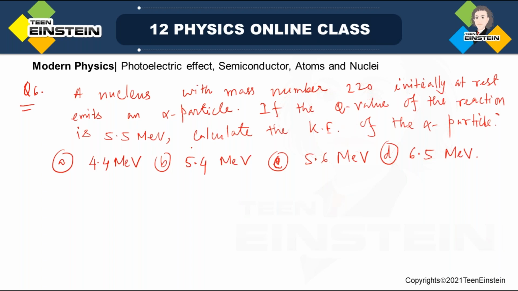The Q value of the reaction is given. So Q value is given as this, and the mass number is 220.